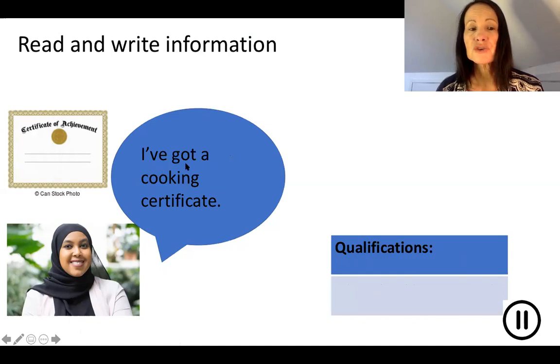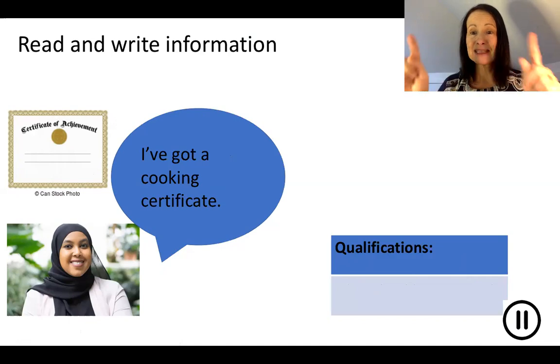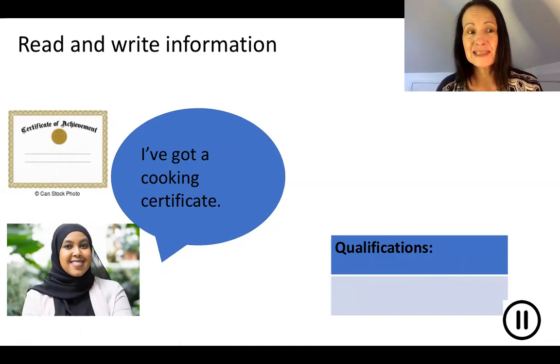I've got a cooking certificate. This is a certificate. When you have passed something, maybe driving, you get a certificate or you get a license. When you're learning English, at the end of the year, you get a certificate to say what you've achieved, what you've passed. She has a cooking certificate.